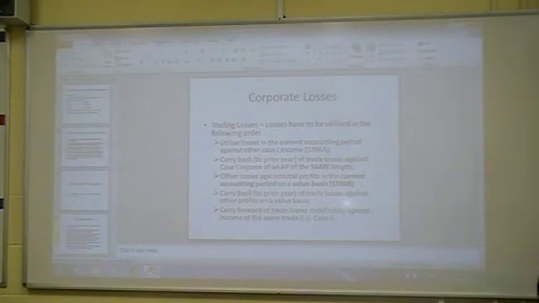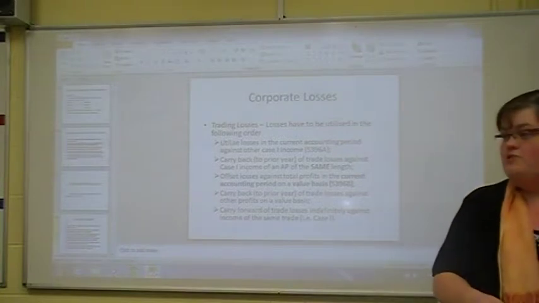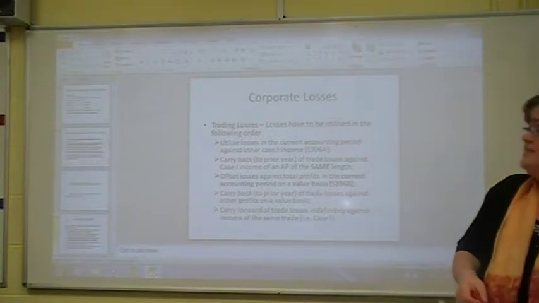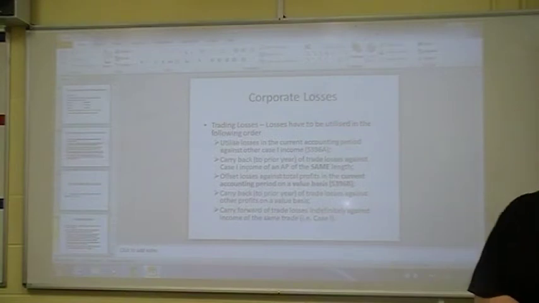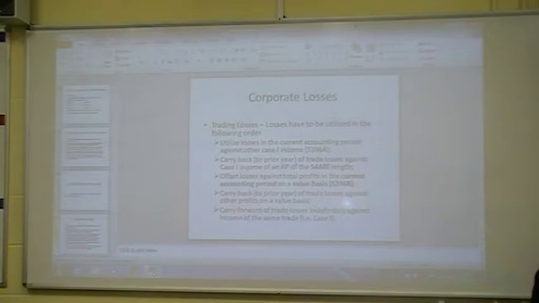Okay, I know it's a bit dark there. We're on the corporation tax notes, corporation tax losses. It's the very back of the pack.